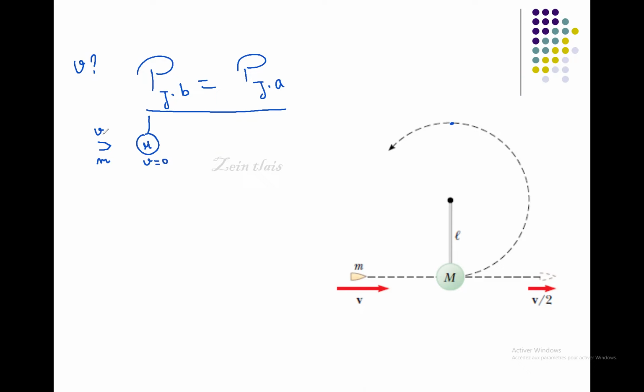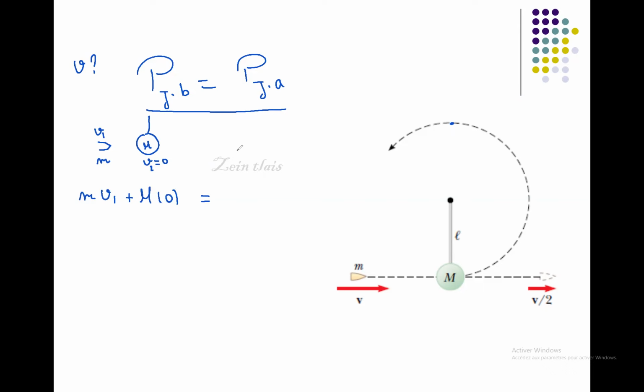We can say here we have V1 and here we have V2. Before the collision, we have m V1 plus M times V equals 0.